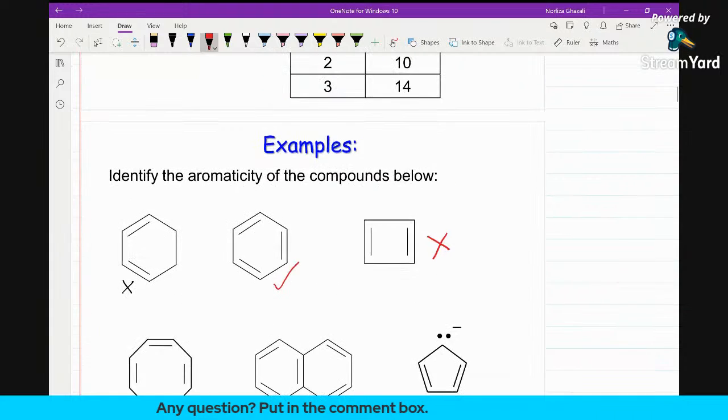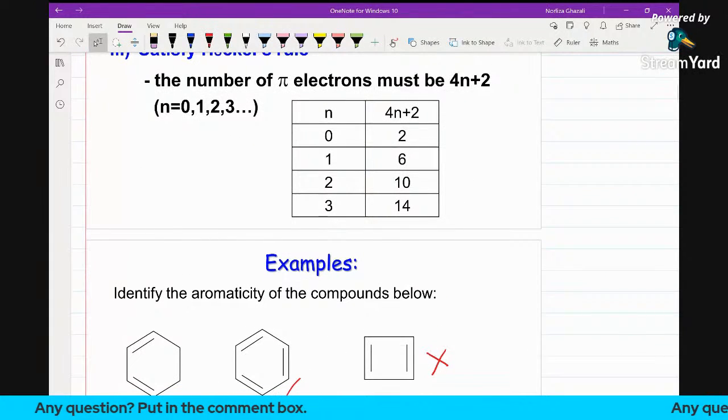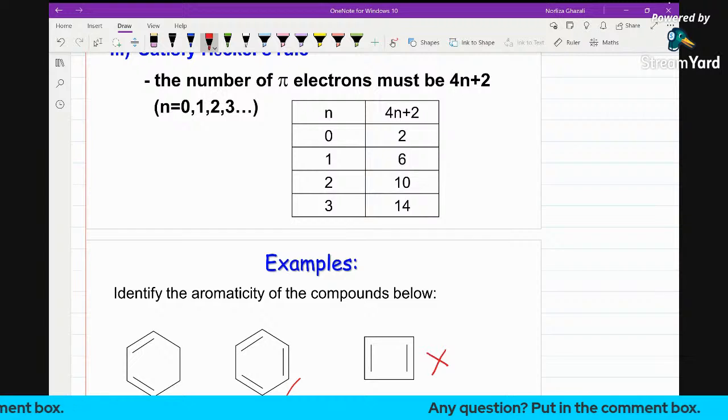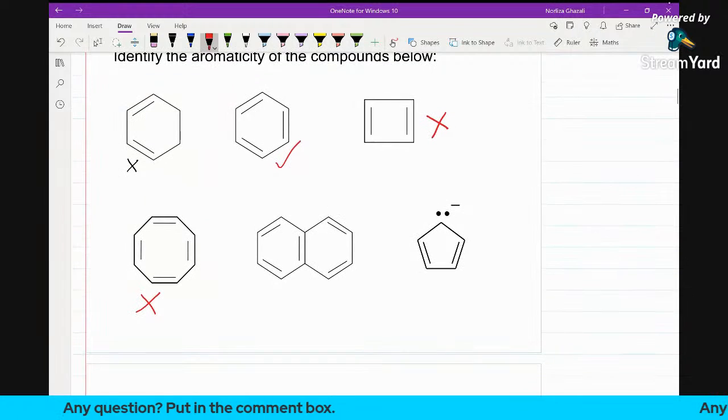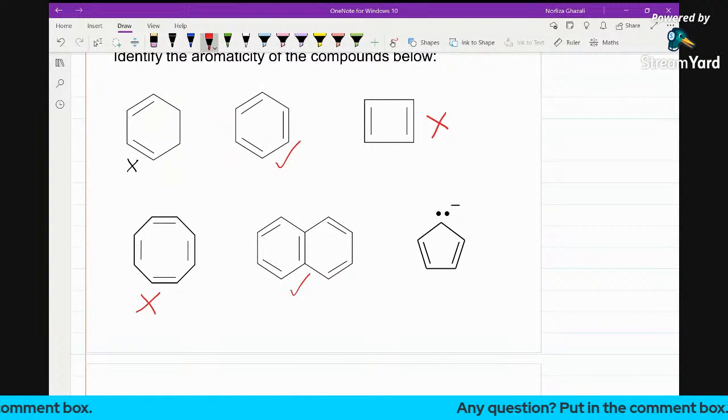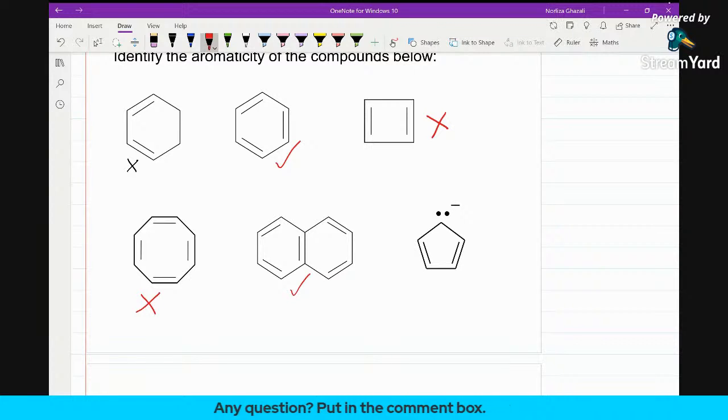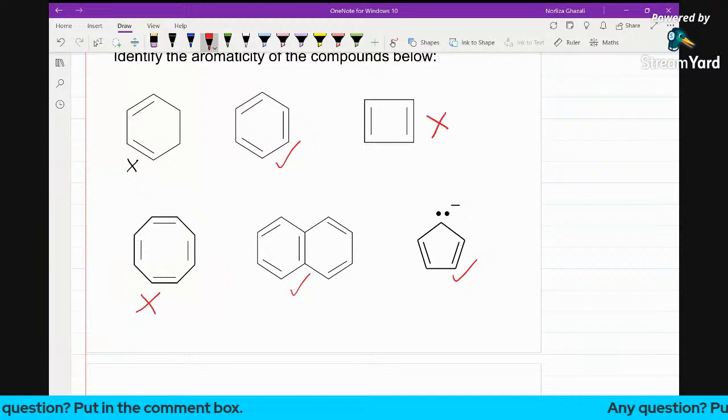So if you refer to the table, you can see that when your n is 2, 4n plus 2 equals 10. So this one is an aromatic compound. Okay, the last compound has 1, 2, 3, 4, 5, 6, so it is also an aromatic compound.